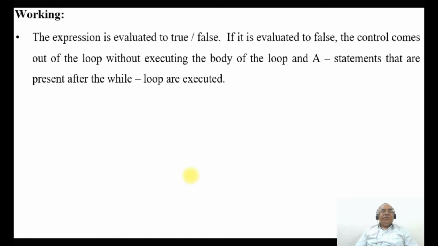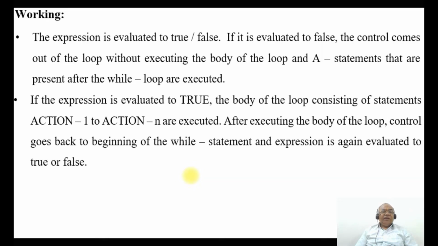Working: the expression is evaluated as true or false. If it is evaluated to false, the control comes out directly of the loop without executing the body of the loop even once. If the expression is evaluated to true, the body of the loop consisting of the statements action 1 to action n is executed.